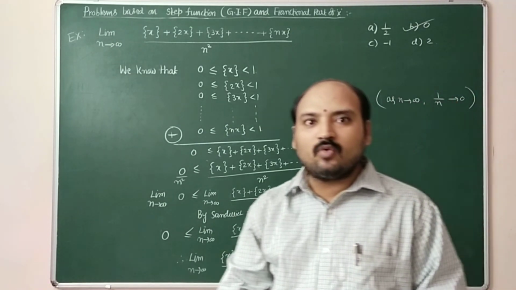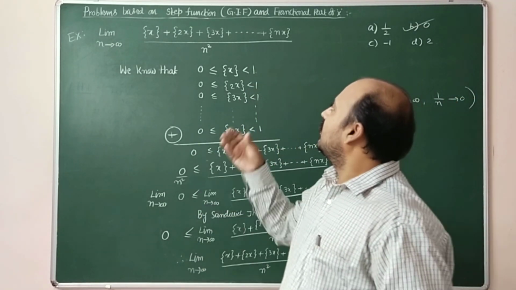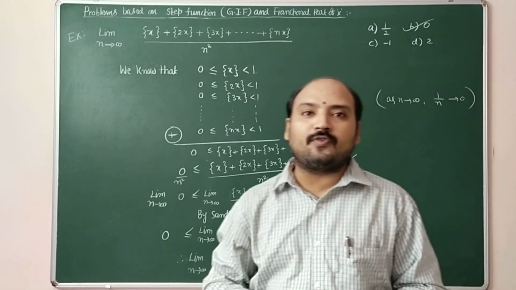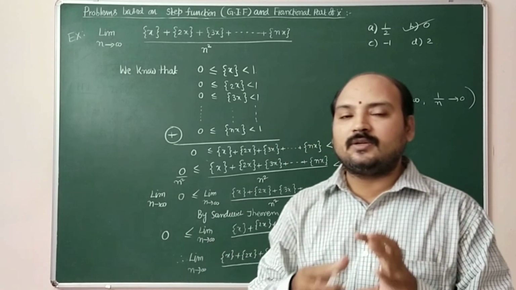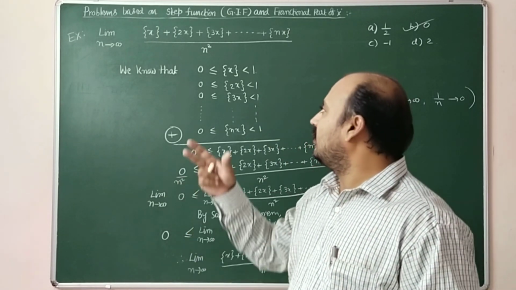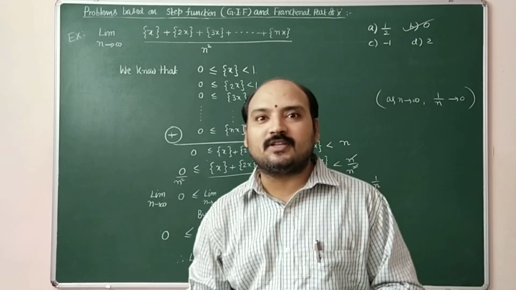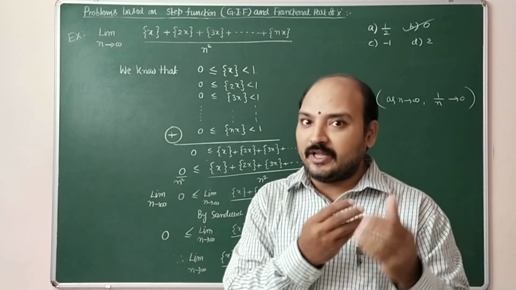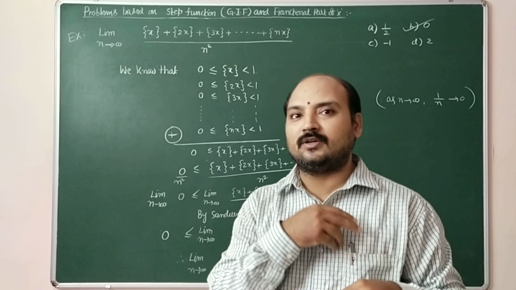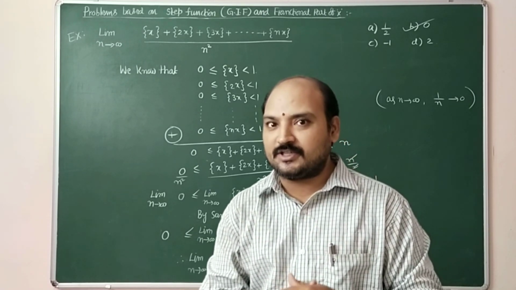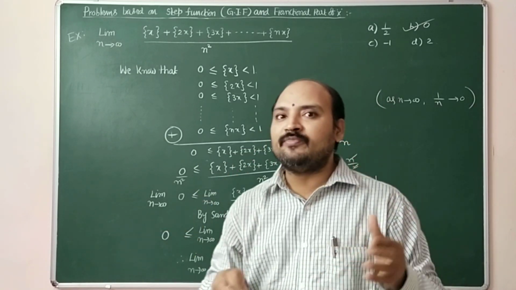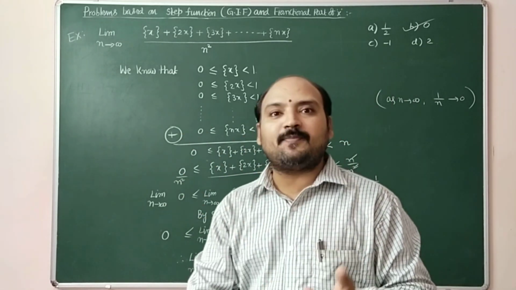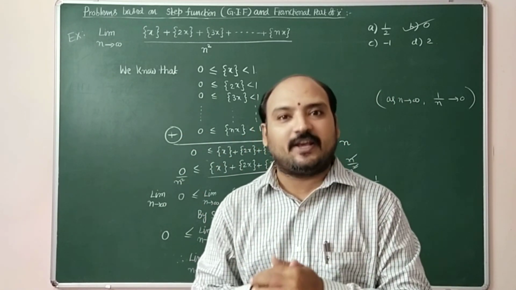This is the way we can use the step function and fractional part of x. These concepts we will use in limits as well as in integration. So in definite integration and indefinite integration, and in limits also, this is the way we utilize the concept of step function and fractional part of x.